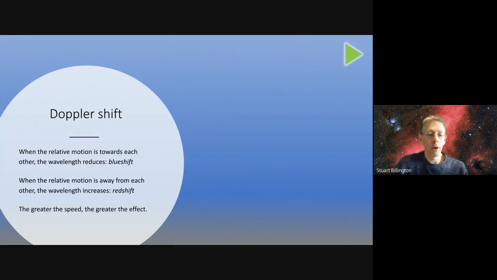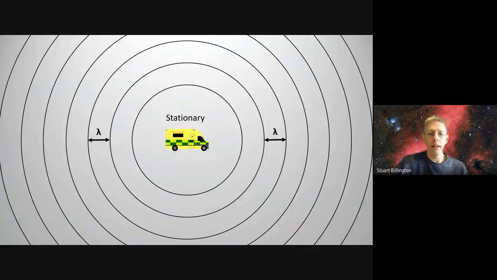So if we have a little look at what that looks like, this is what the waves from a stationary ambulance would do as they propagate through the air. You remember these lines represent the peaks of the wave, and we're kind of looking from above the wave or to the side of the wave.